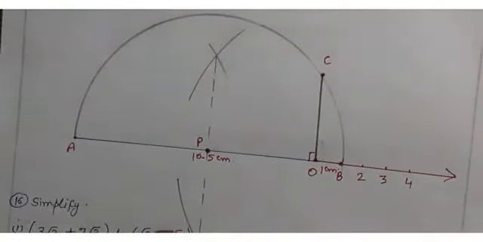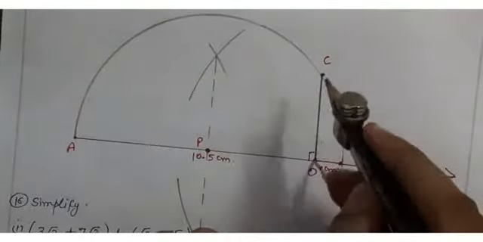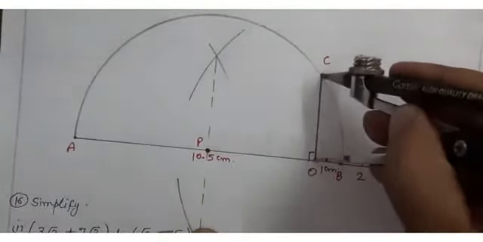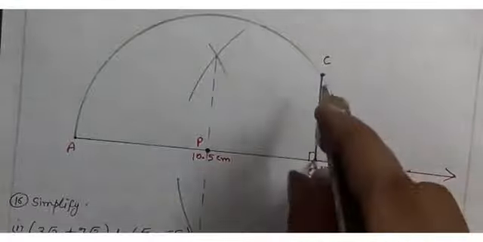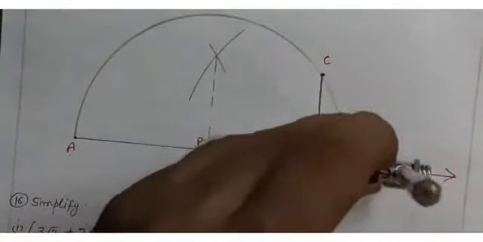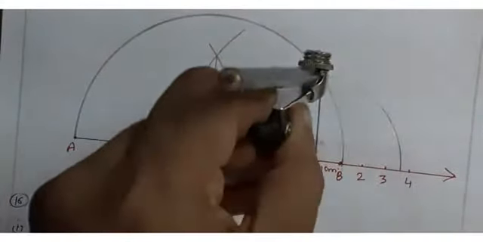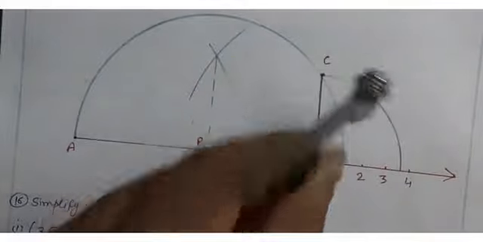Now what to do? You measure this OC with the help of a compass, measure like this, and then draw one arc like this.